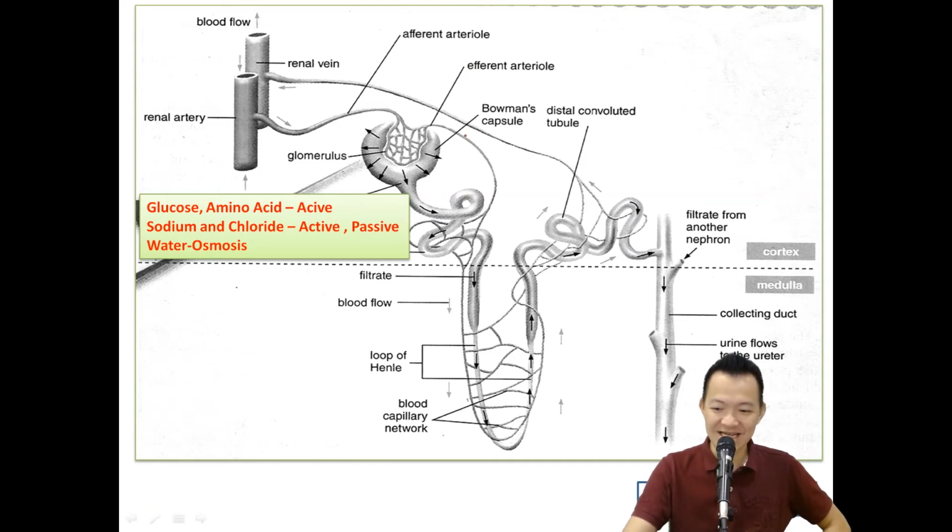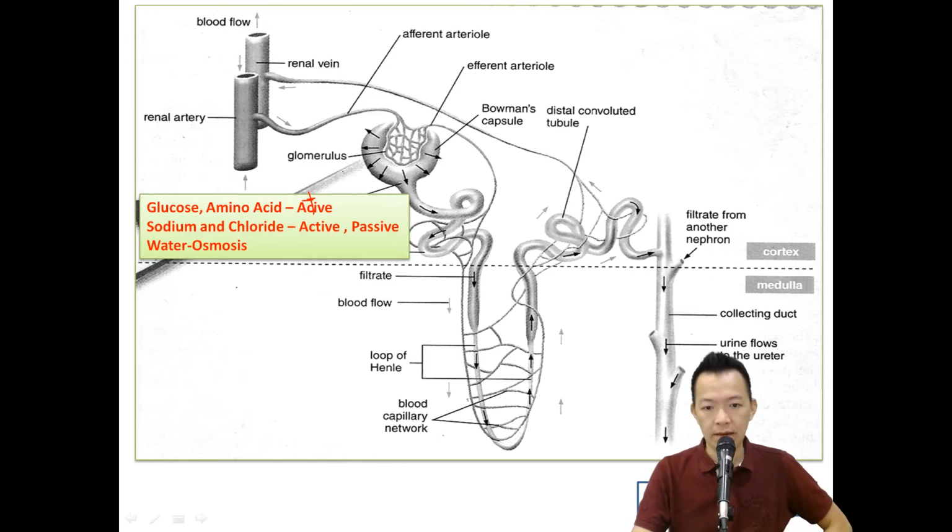Sodium and chloride ions: sodium will be reabsorbed by active transport, and chloride by passive transport. It's a bit troublesome, one active, one passive. If you remember more, it doesn't mean your result will be better, they're not used anyway, so just remember active or passive. Water will be reabsorbed by using the method called osmosis.